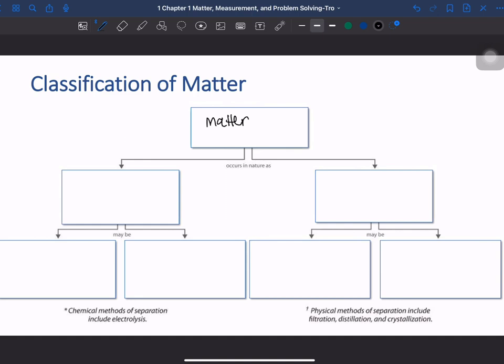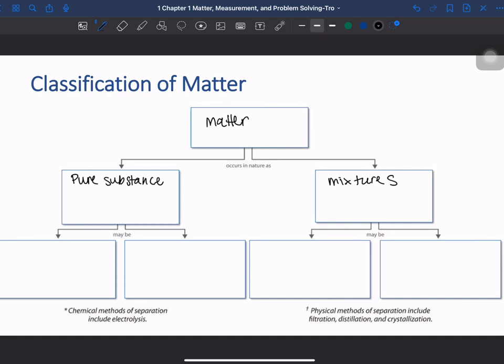We have pure substances, and then we have mixtures. Now, pure substances are matter that have chemical compositions and distinct properties. Generally, they cannot be separated or broken down any further by physical means. Mixtures are going to be two or more pure substances, and they retain their individual identities, and you can separate them using physical methods.